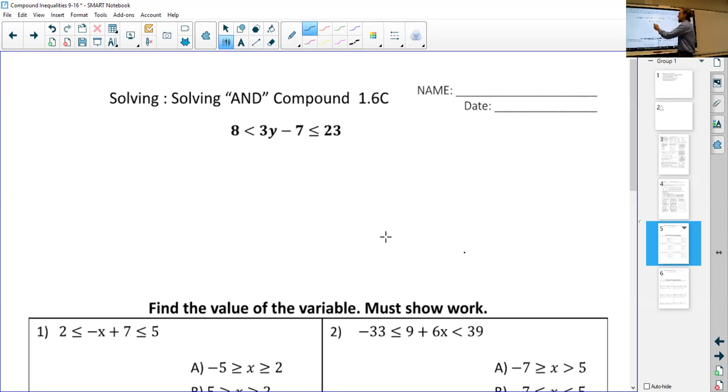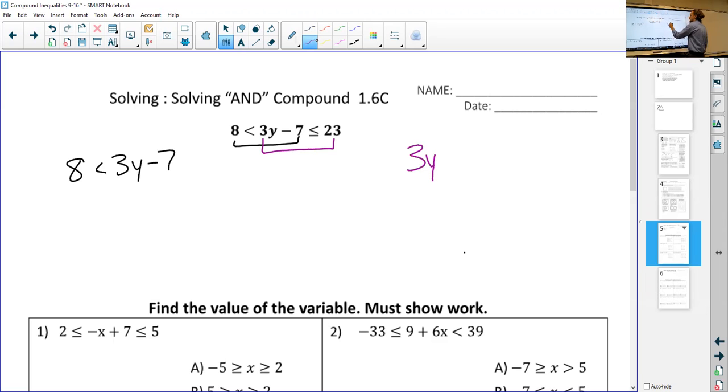So we can actually take this and split it into 2 separate inequalities. So I could say 8 is less than 3y minus 7. And then we can also say that 3y minus 7 is less than or equal to 23. And then we can just solve both of those individually.